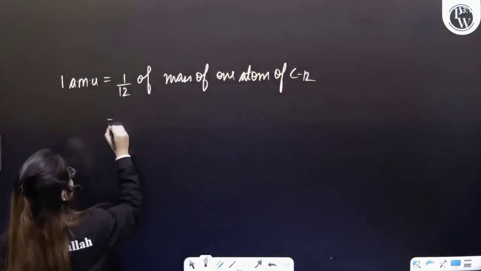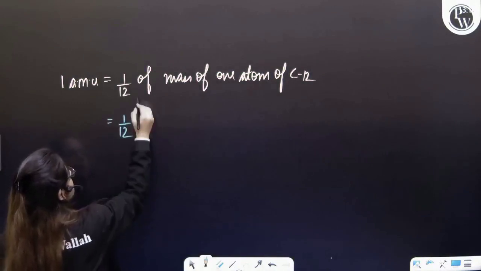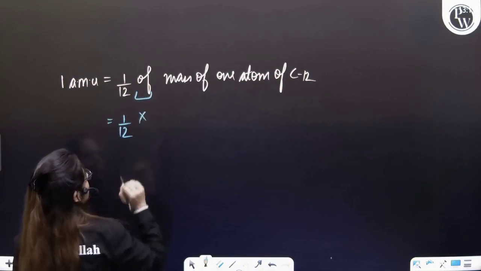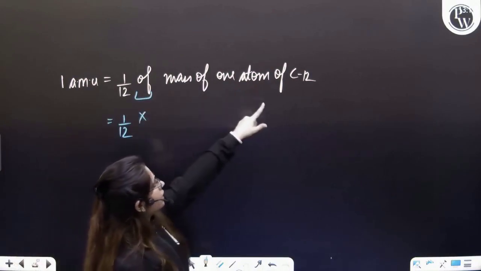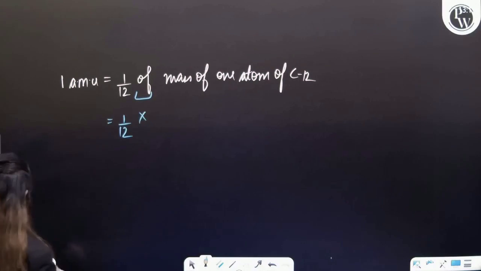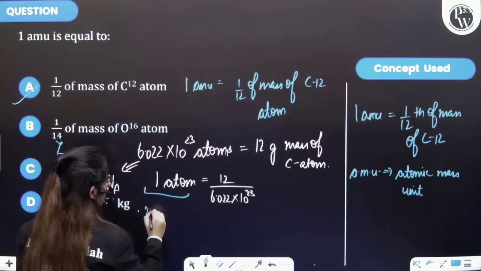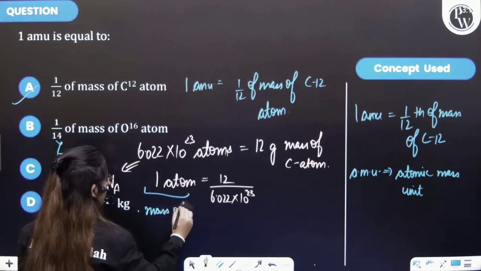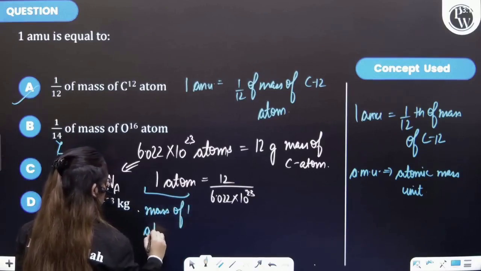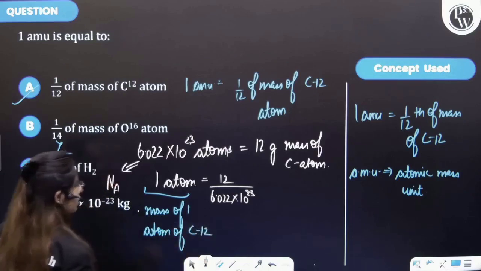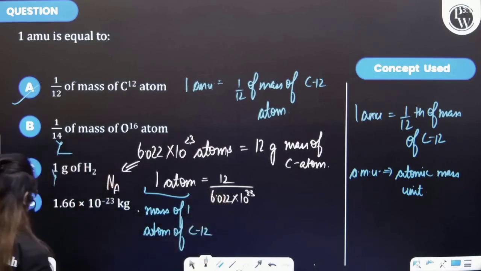Now this 1/12 write as it is. And of का मतलब क्या होता है इसमें? Multiplication. और हमने क्या देखा? Mass of 1 atom of carbon 12. और जैसे हमने यहाँ पे निकाला भी है, this is the mass of one atom of carbon 12, which is equal to this value.